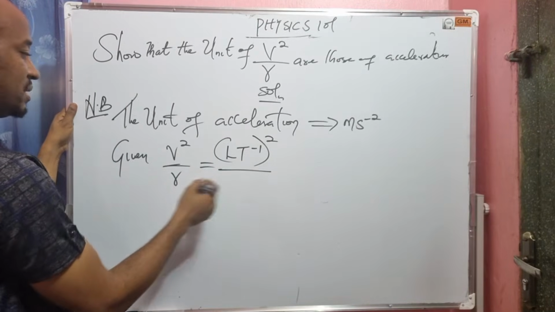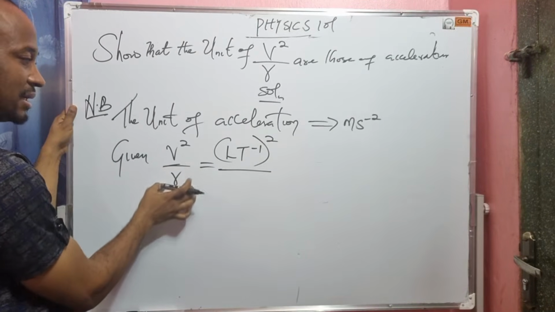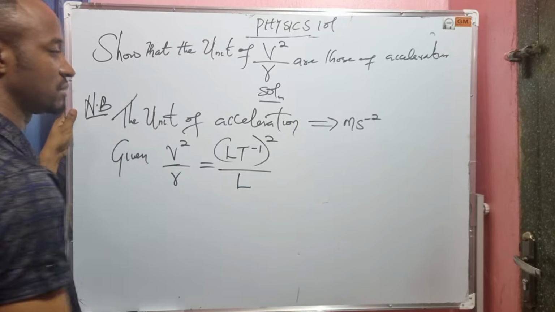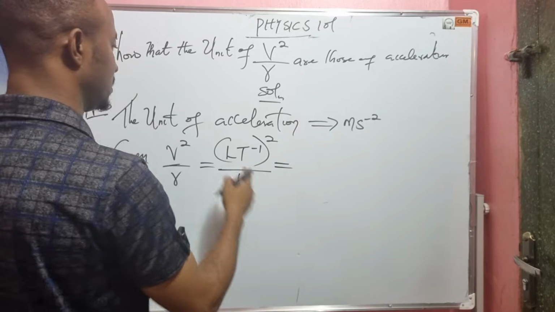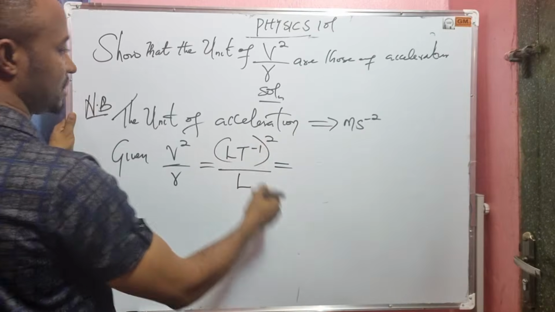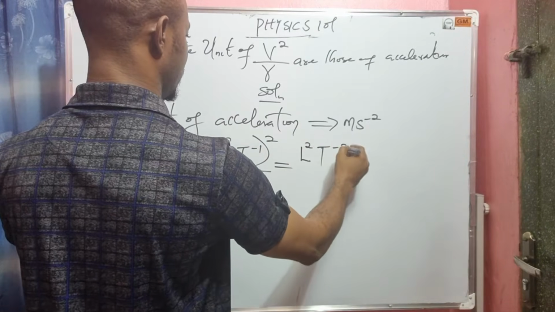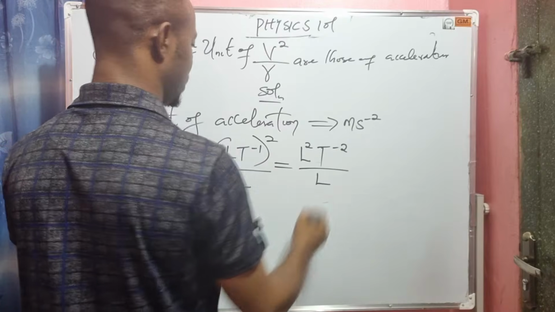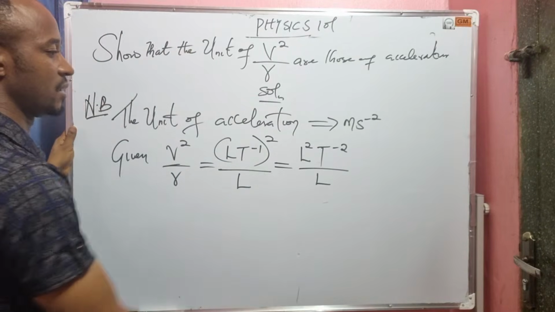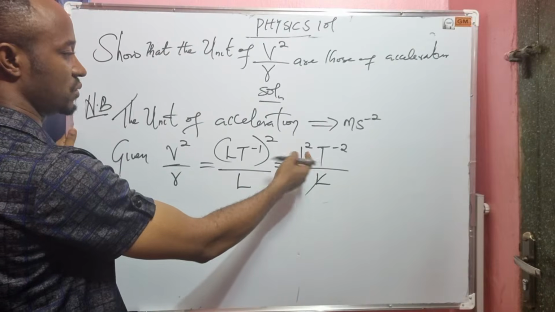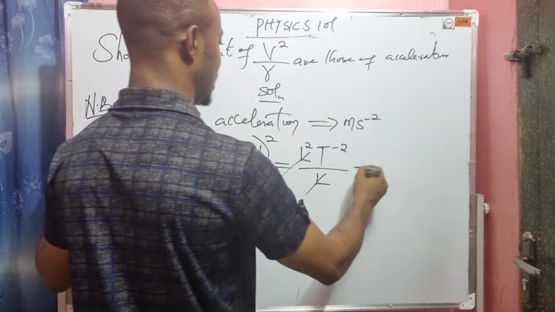Dimension for radius: radius is measured in meter, so it becomes L. And that will give us, I can expand this to be L squared T minus 2 divided by L, right? One of these L, we cancel one of these L from here. Here we are left with what?